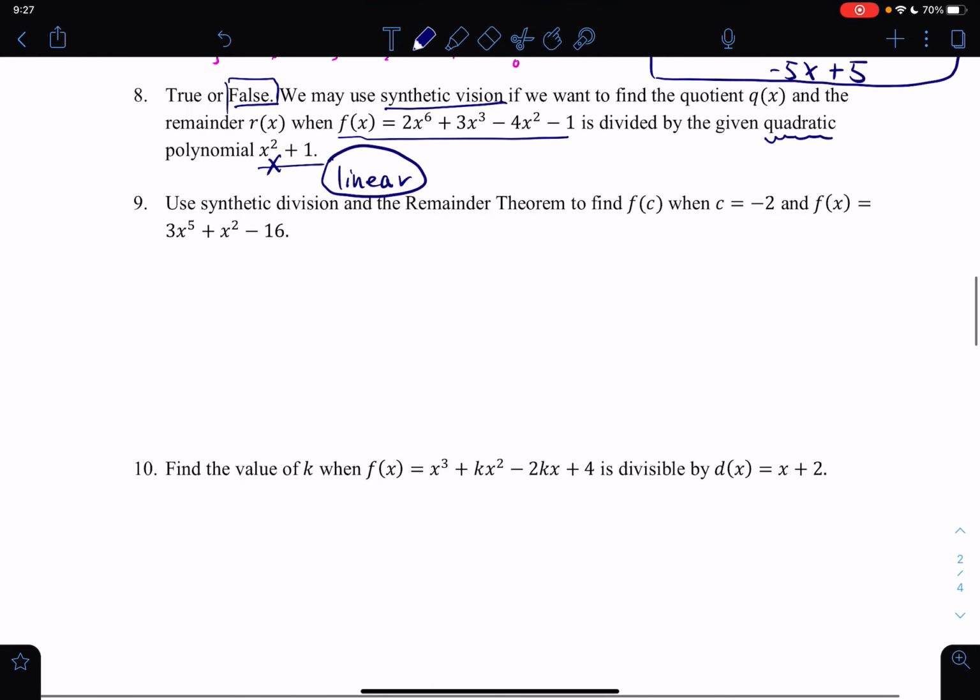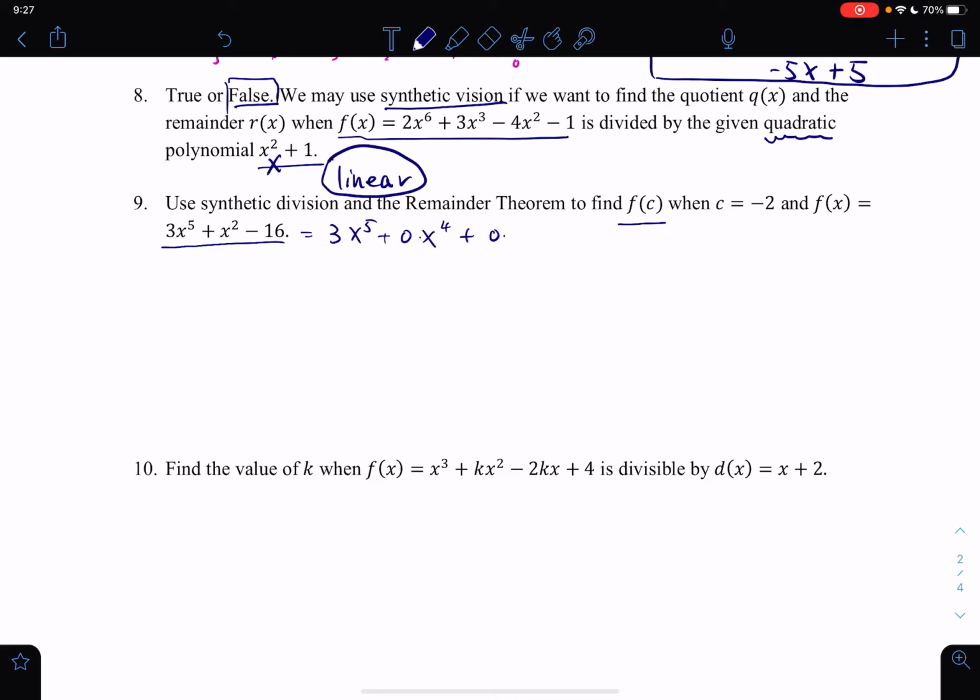We want to use synthetic division and the remainder theorem to find out f of negative 2 given f of x is that, which is, again, you want to fill in all your missing terms. So x to the 4th, x to the 3rd, x squared, no x term, and you have x minus negative 2, so that's your c, which means you have 3, 0, 0, 1, 0, negative 16, and you have negative 2 here.